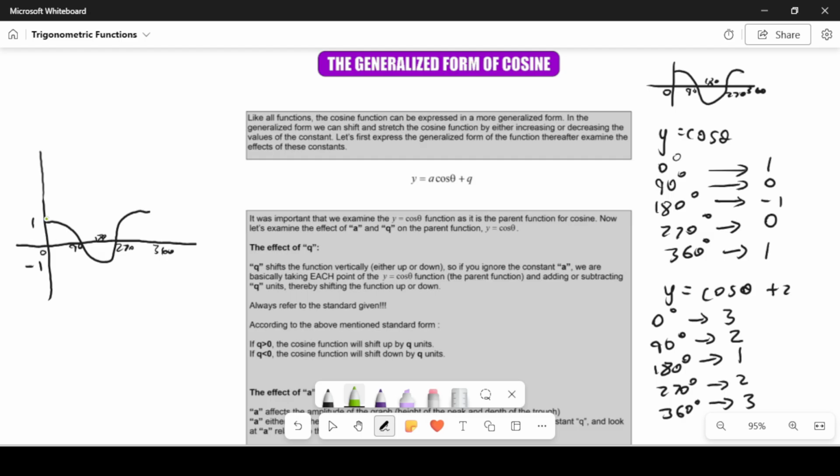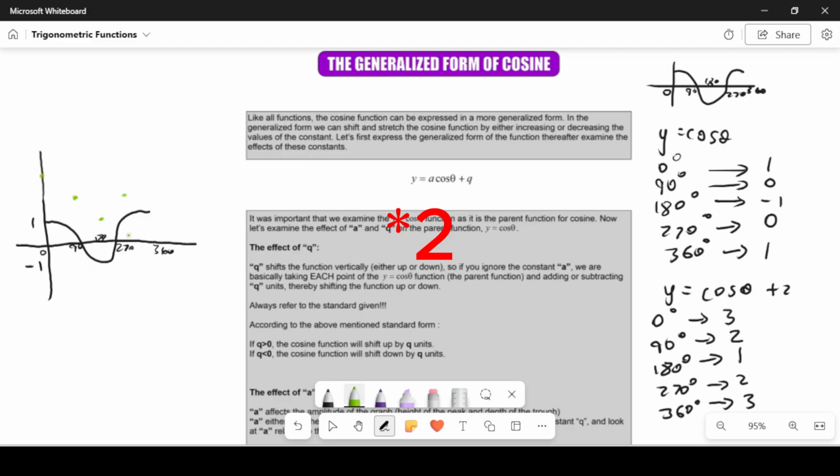For 0 degrees it was 1, but now it will become 3. At 90 degrees it was 0, now it will become 2. So that's somewhere here. At 180 degrees it is -1, now it will be 1. So that's approximately here. At 270 degrees it is 0, now it will become 2.